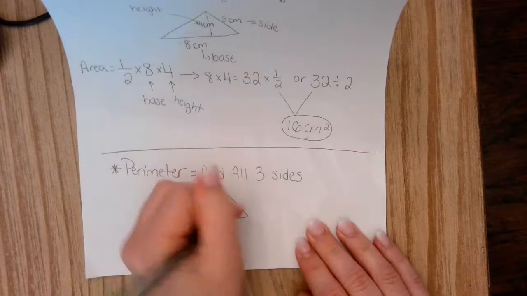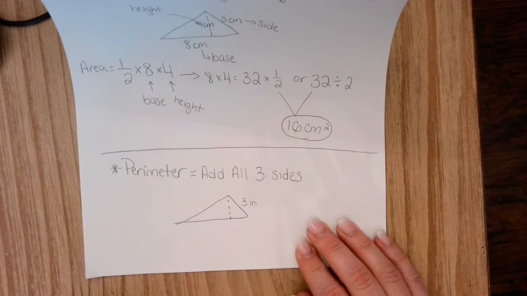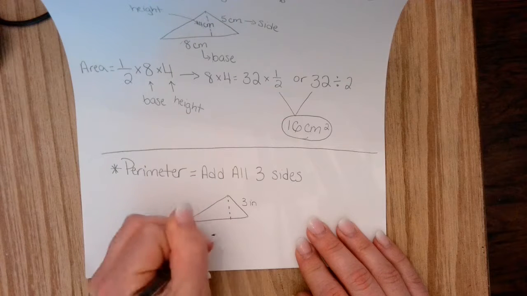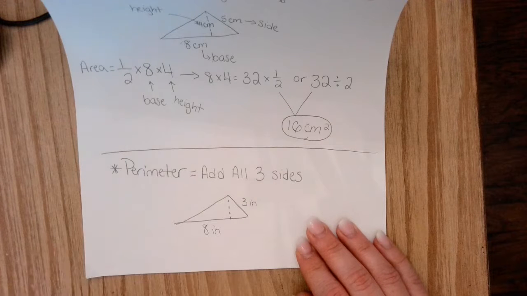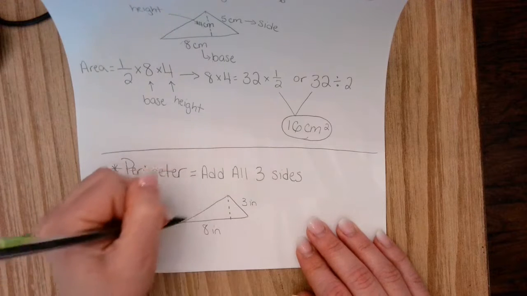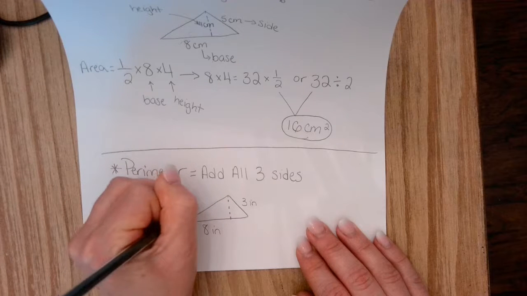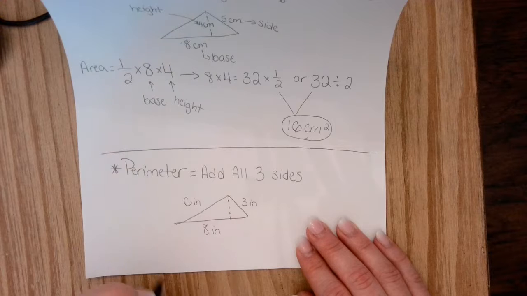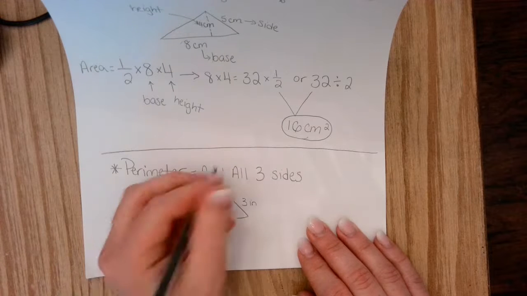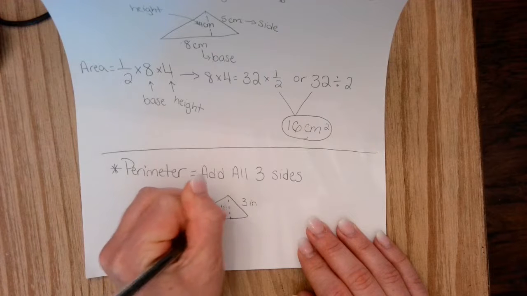So let's just say that this shorter side is 3 inches. And let's say that this bottom measurement is going to be, we'll say 8 inches. And let's say that this top measurement up here is going to be 6 inches. And just for argument's sake, let's go ahead and put a height measurement in there. And we'll just say the height measurement is going to be 4 inches.